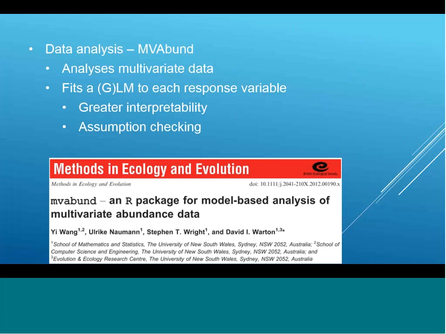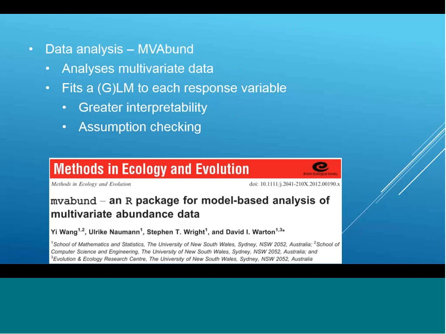The analysis that we're going to present now uses a fairly new package within the R software called mvabund. It's been designed to analyze multivariate data but move away from some of the classical tests and fit generalized linear models to each of the response variables. In our case, the response variables are the different trait groups that I'm going to highlight in a minute. These could be those trait groups, or they could be individual species.